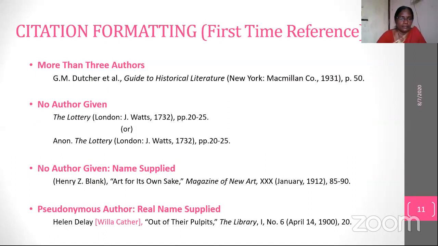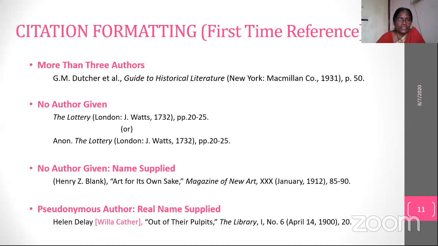Name not given, author not given, name supplied. For example, you know about the cover page. Definitely in the cover page, the name of the author must be there. Title and author. But there is a book in which the author name is not there. But the work is there.